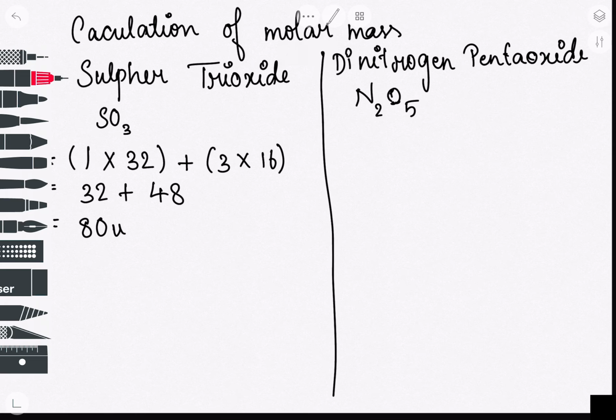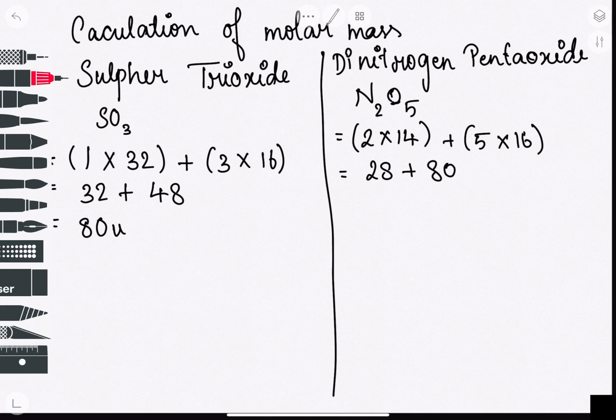We'll substitute as done before. Nitrogen's atomic mass is 14, times 2 is 28, plus we have 5 atoms of oxygen, multiplied with 16, which is 80. So 108U is the molar mass of dinitrogen pentaoxide. When we know the formula, we can solve it very easily.